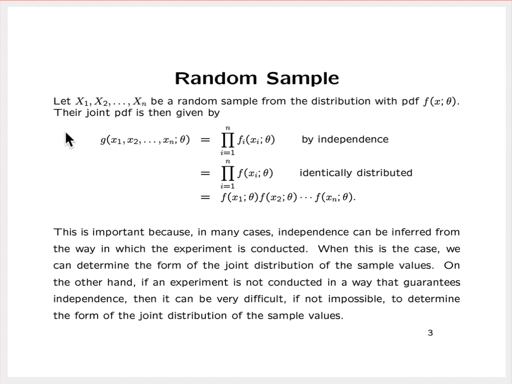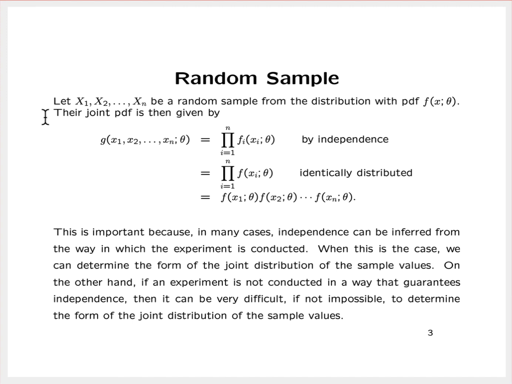Now let x1 through xn be a random sample from the distribution that has common marginal PDF, lowercase f. So here we're starting off by saying that this collection of random variables is a random sample. And so by that, we can conclude that they are mutually independent and identically distributed. They all have the same underlying PDF.